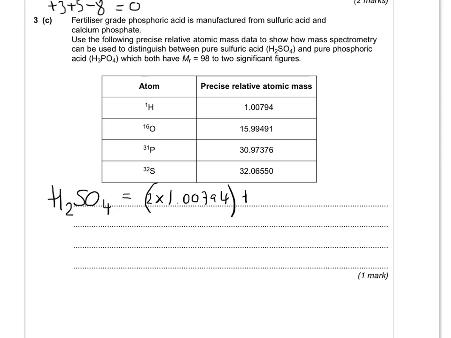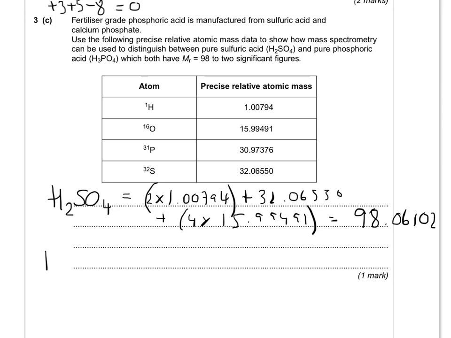1.00794 plus the S, which is 32.06550, plus the 4 oxygens, which is 4 times 15.99491, and that equals 98.06102. And then your H3PO4, you do exactly the same.